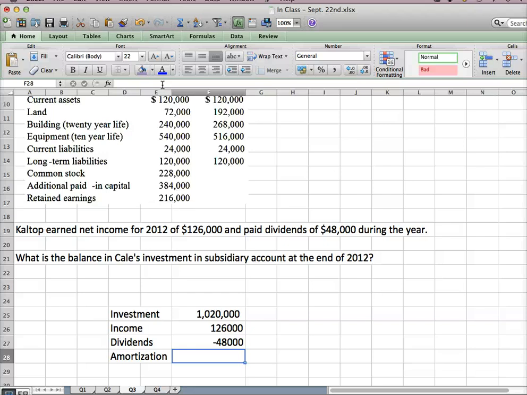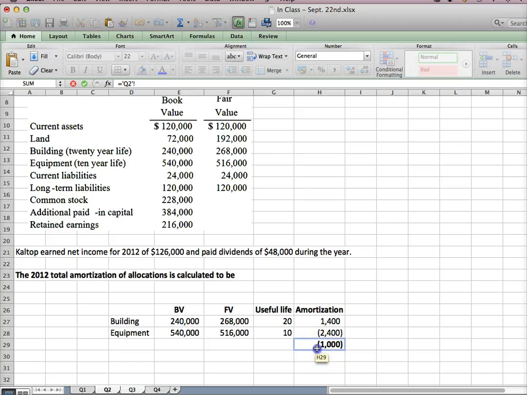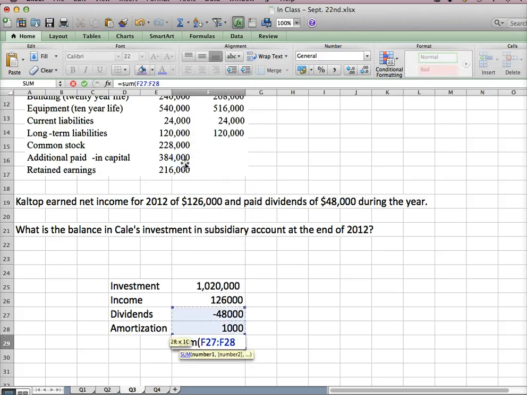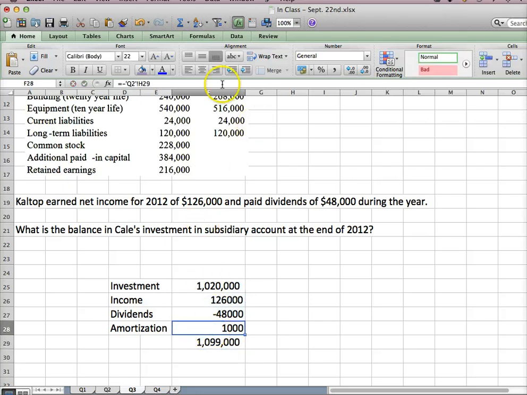And the amortization we can grab from the last question. So it is negative 1,000. In other words, this is actually going to increase the investment account because it's a negative adjustment. So all in all, it's going to be 1,099,000 as the update to the investment account, including all these items using the equity method.